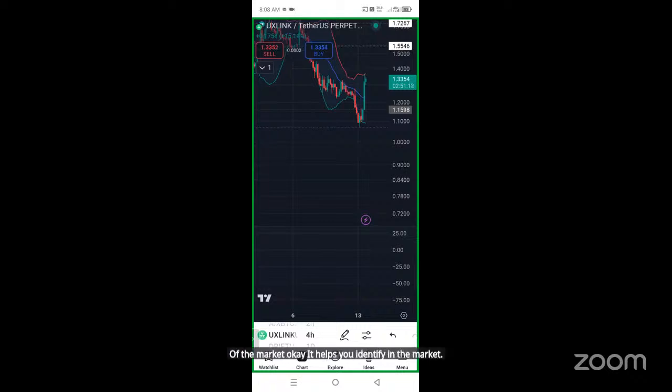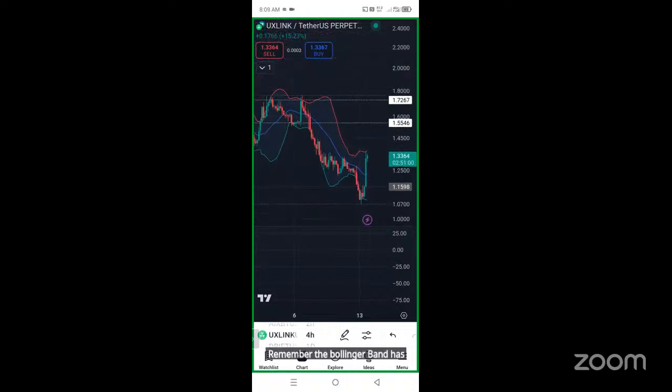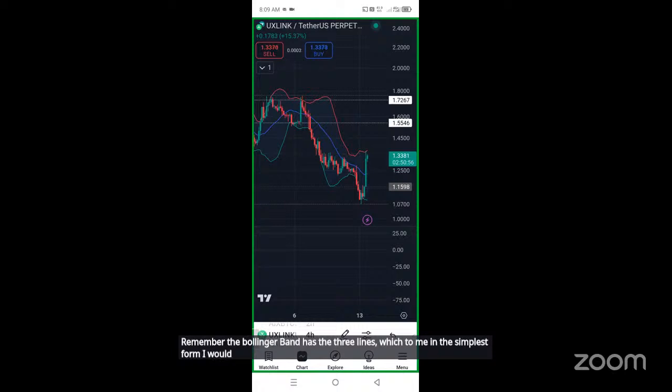And also, at the same time, it can help you identify possible trend reversal areas. Remember, the Bollinger Band has three lines, which in the simplest form I would explain as more of a support and a resistance.